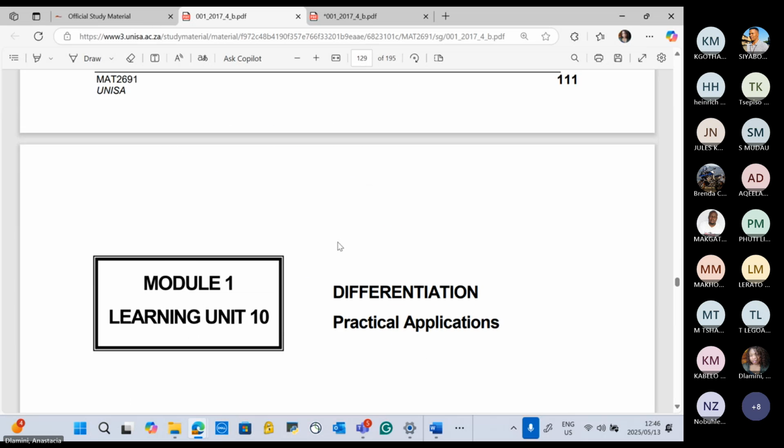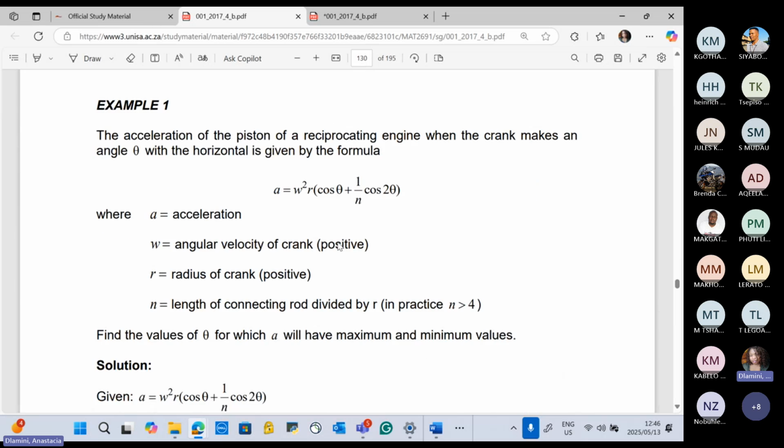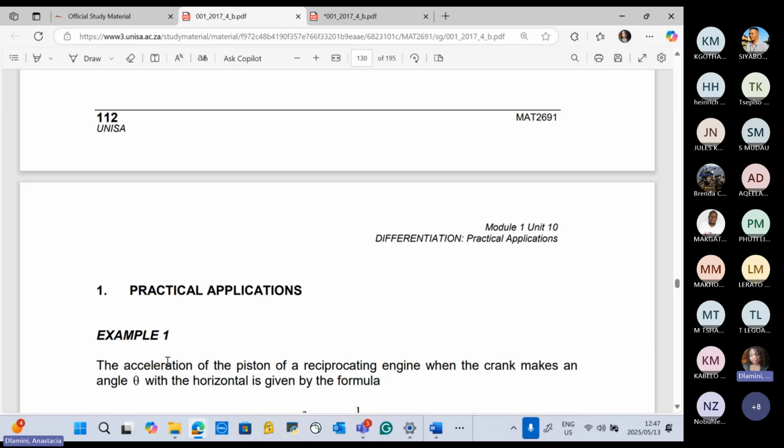Hello, my good people. I'm talking to you. Can we put the general solution, but then we specify that n has to be greater than 0? Is it allowed?